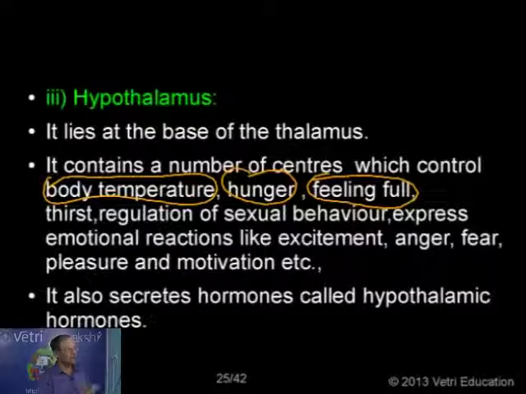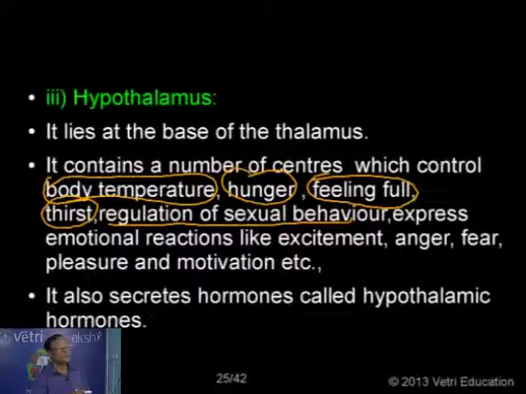So hunger, feeling full, and also your thirst, which makes you drink. And also your sexual behavior is controlled by the hypothalamus. So there is a center for thirst, a center for hunger, a center for body temperature regulation, your sexual behavior, and also your emotions.